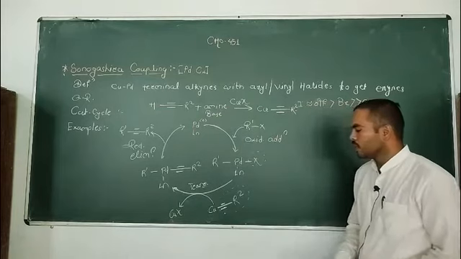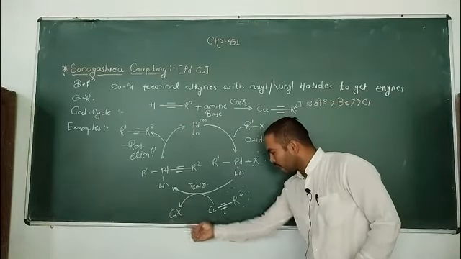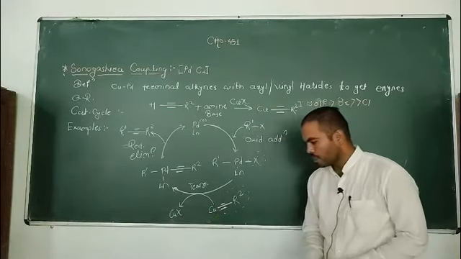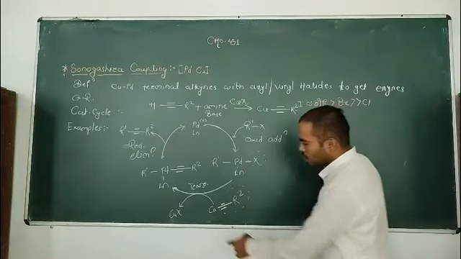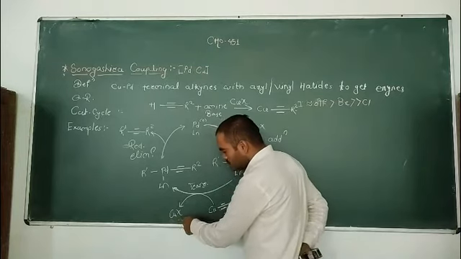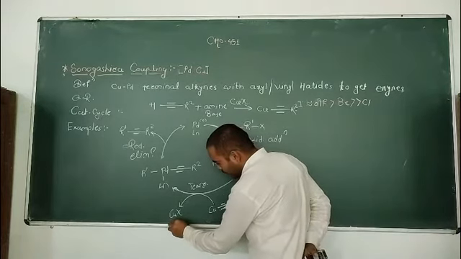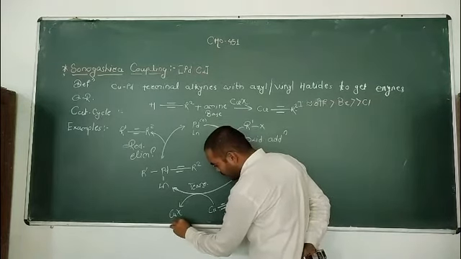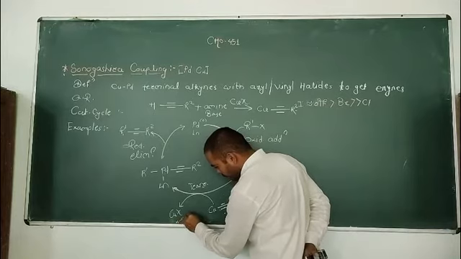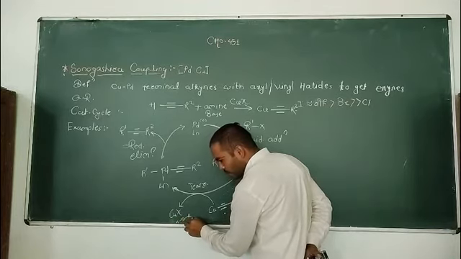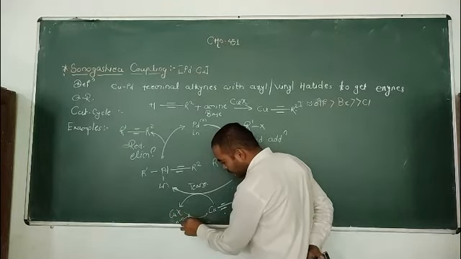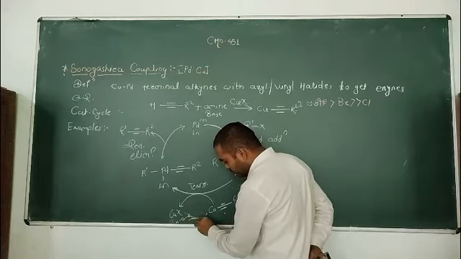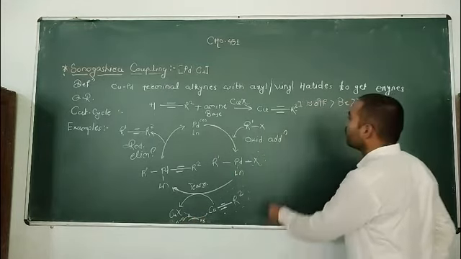In some books the catalytic cycle will continue like this: copper halide plus alkyne, our starting material, will react and we get HX with respect to our amine base.